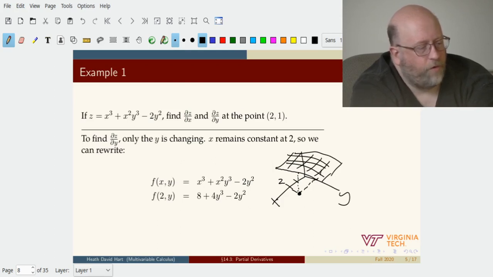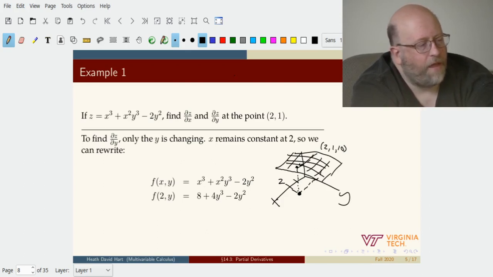And the point (2, 1) maps to a point that's on that surface. In fact, it maps to the point (2, 1, 10). How did I know that the z-coordinate was 10? Because I plugged in x and y and found what z was.